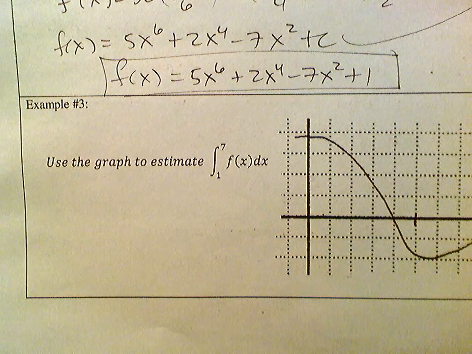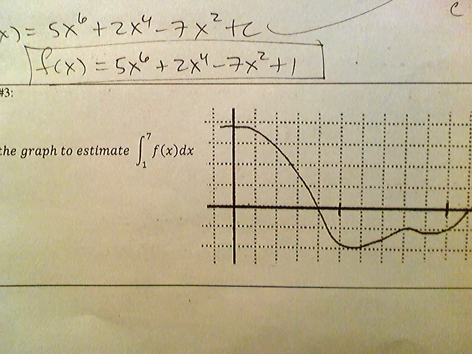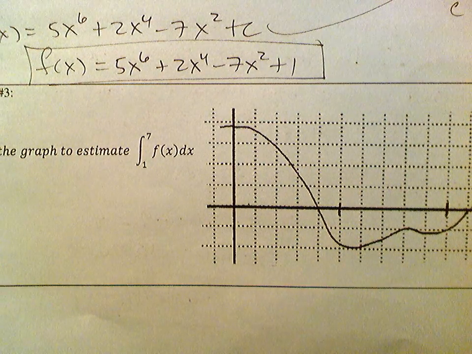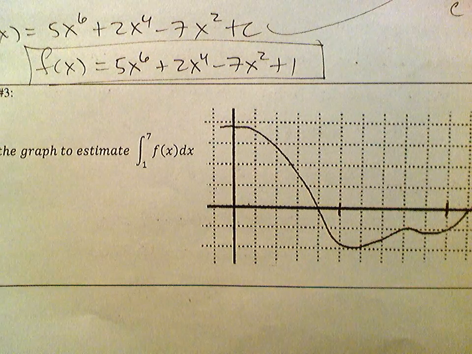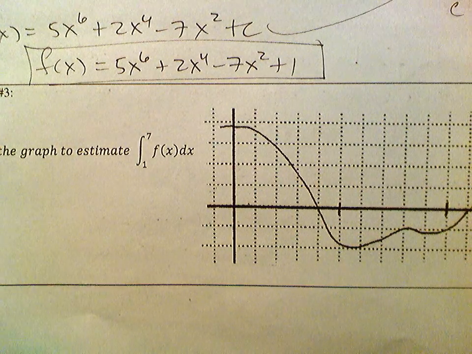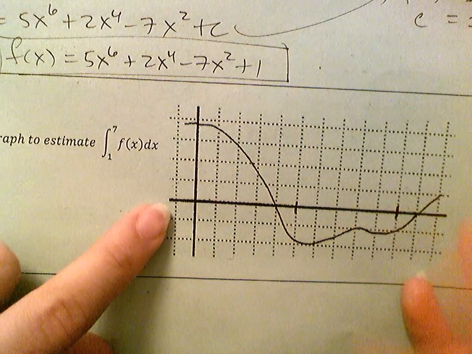And you can't find the exact area if it's a curve like this. If it was made up of triangles and rectangles and trapezoids and circles and things we had area formulas for, then we could find the exact value of the definite integral. If we had the function itself, we could plug it into our calculator, or in the future we'll have methods by hand whereby we could find it. But here all we can do is count the boxes to estimate.